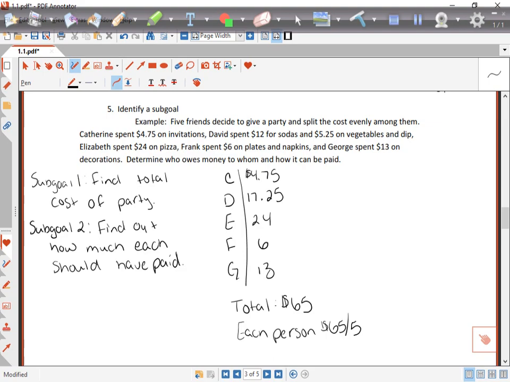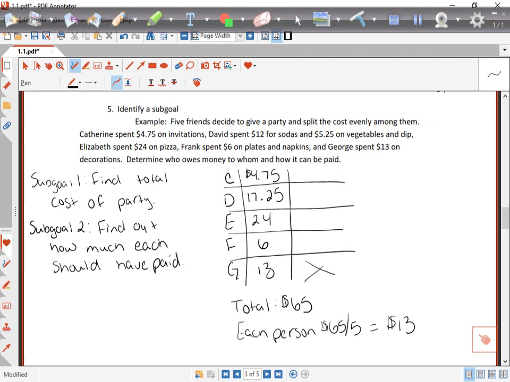I'm going to divide that by 5 because there's 5 people. So each person should have paid $13. Looking at this chart, George has already spent $13 exactly, so he doesn't owe anyone money.